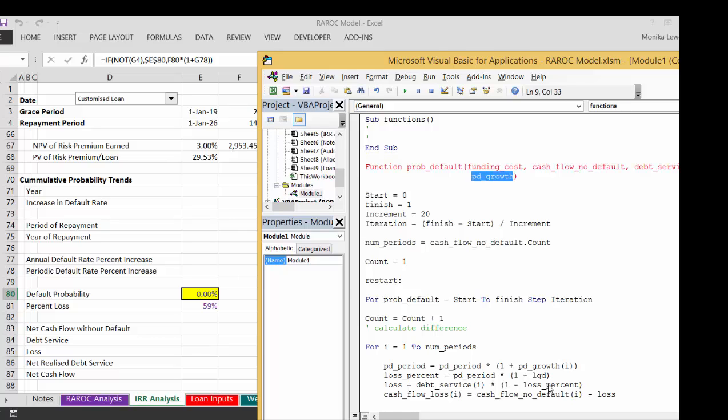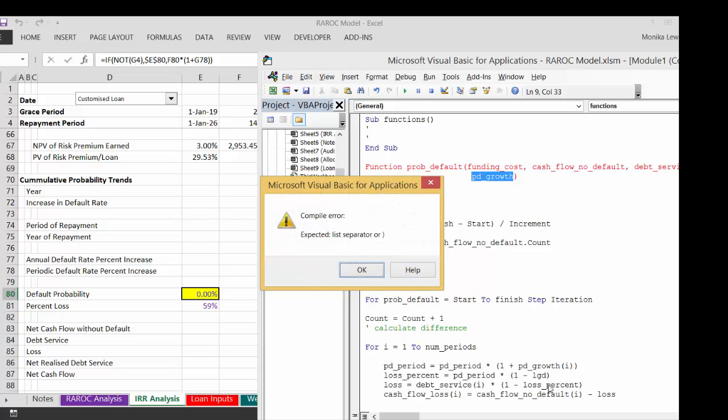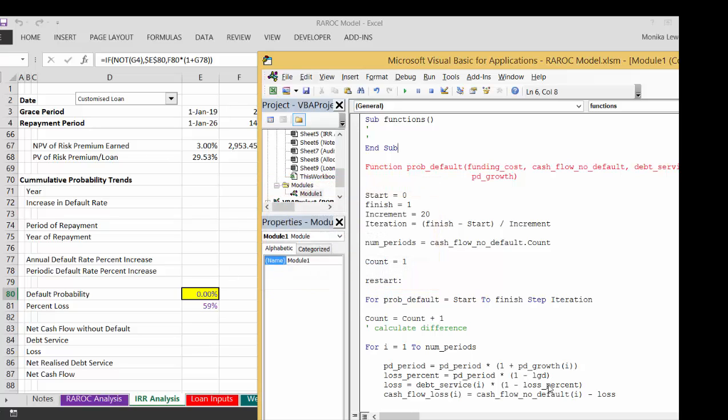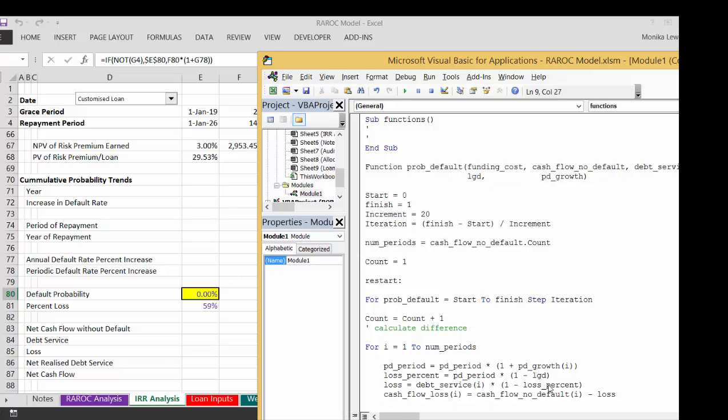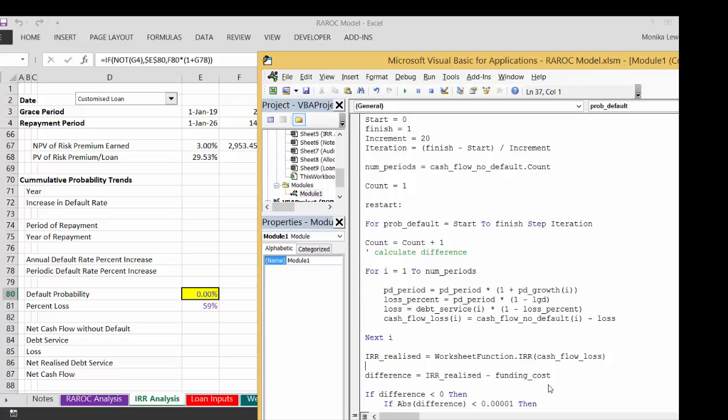What error did I make? I didn't put a comma at the end, obviously, after the LGD. I'm going to lay it out like this so we can see it. So we've got quite a few inputs, but not unbelievably many.